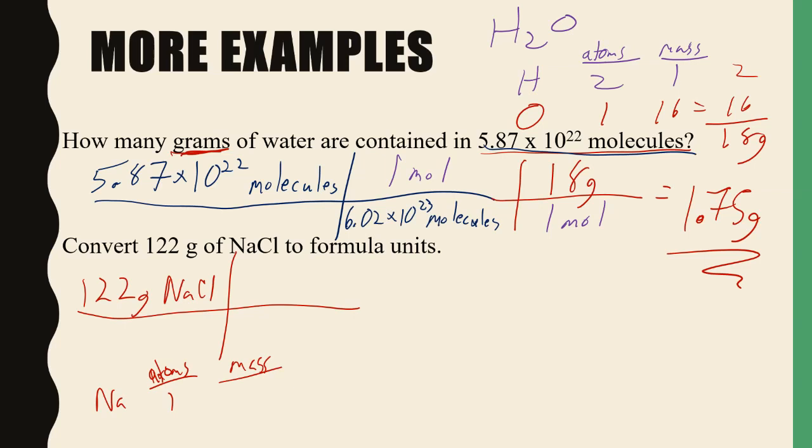So sodium is 22.98. So yeah, basically 23. 23, and chlorine is there's one of those, and that's 35.45. So 23 plus 35.45 is 58.45.